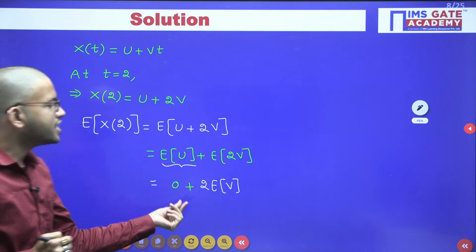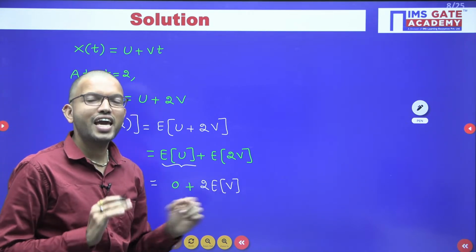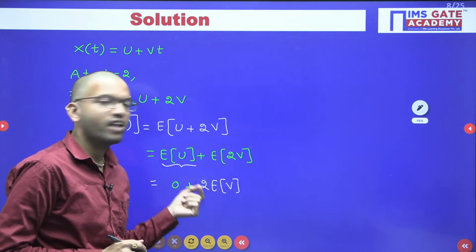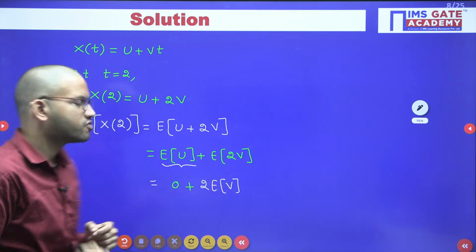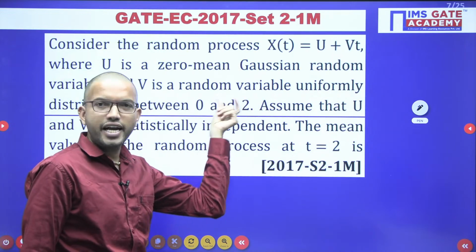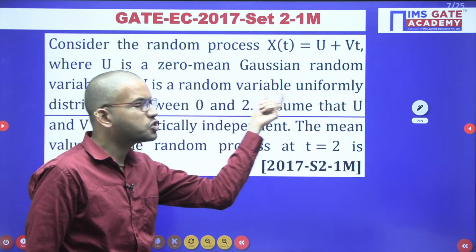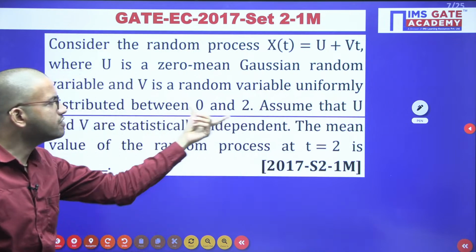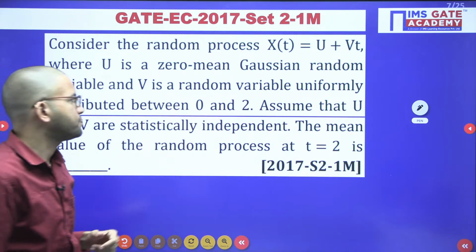Regarding random variable V, they haven't directly mentioned the mean value, but they have given a clue. What clue have they given? Regarding the random variable V, they have mentioned it is uniformly distributed in the interval 0 to 2.